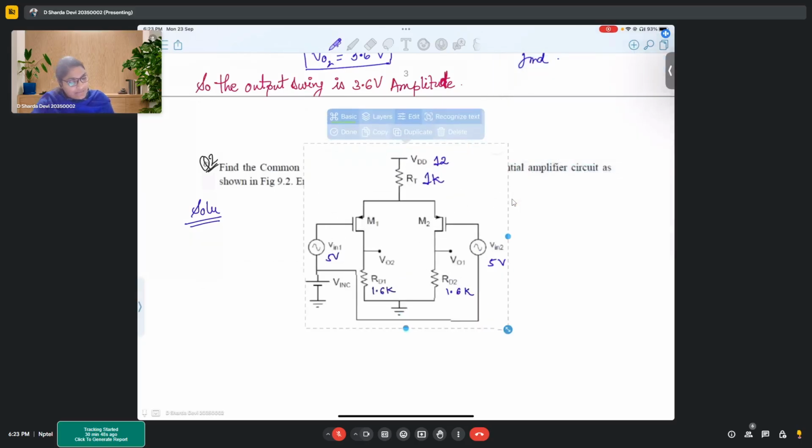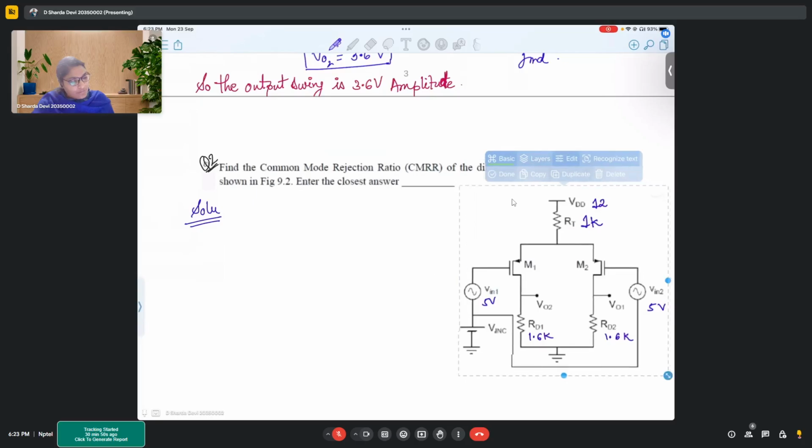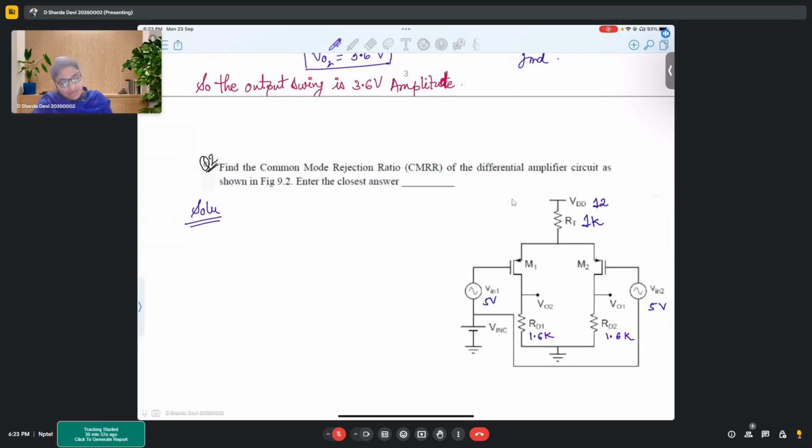So when there is the same circuit again, we know the CMRR, right? What is the CMRR? Differential gain by common mode gain. Yes, differential gain by common mode gain. We know AD. How do we write AD? Since again it's a CS configuration, the AD would be minus GM into RD.